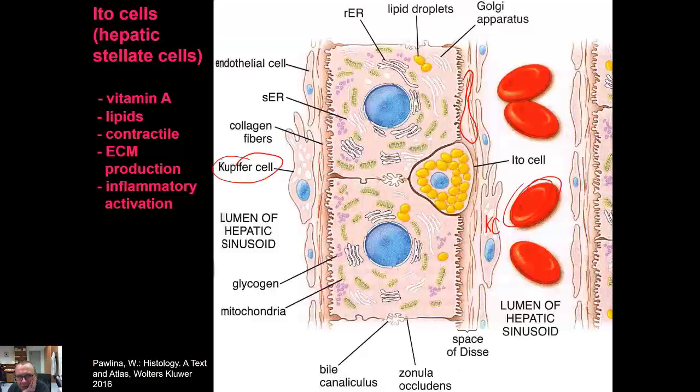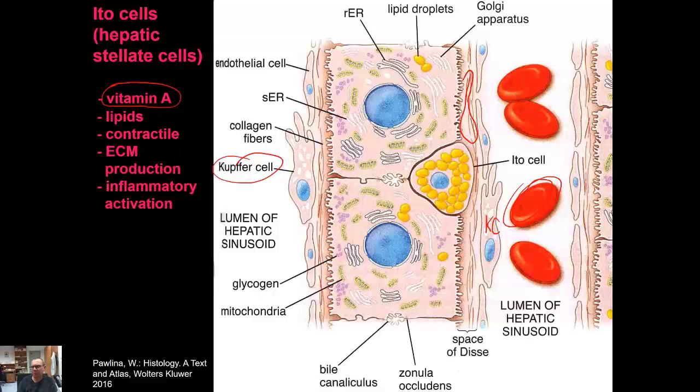They are also storing some vitamins which are dissolved in lipids, like vitamin A. But sometimes the amount of lipids is not so high, and in this case these cells become more contractile cells. They are able to produce extracellular matrix, and they can be activated by inflammation, and all these features are important for the development of already mentioned cirrhosis of the liver.